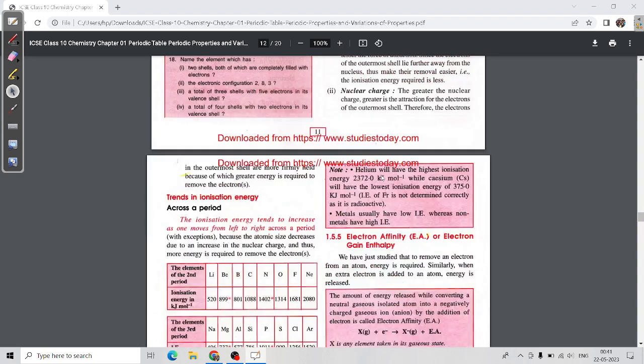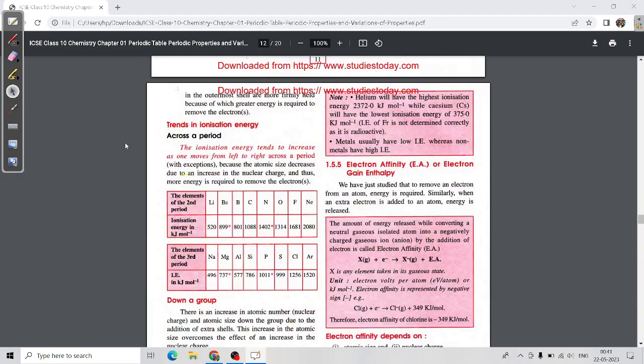Now you have to check this here. There is an exception here: the second group and the 15th group have exceptions. As I told you, as we are moving from left to right, the energy will increase.